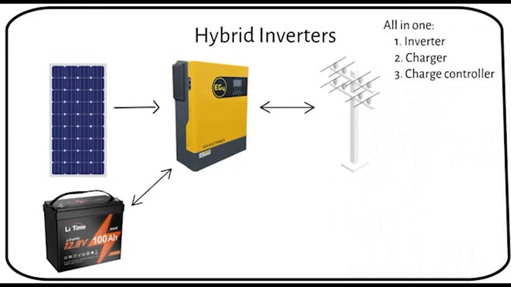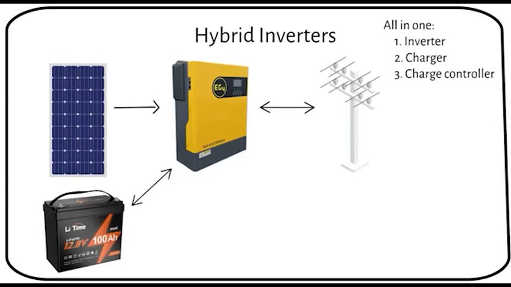Compared to assembling a system with separate devices for each function, hybrid inverters offer a more compact alternative, often resulting in cost savings. Hybrid inverters are designed to facilitate a seamless transition between grid and battery power, ensuring continuous electricity supply without interruption.